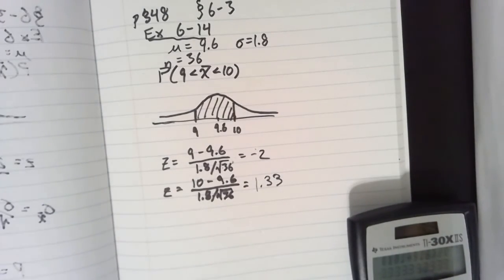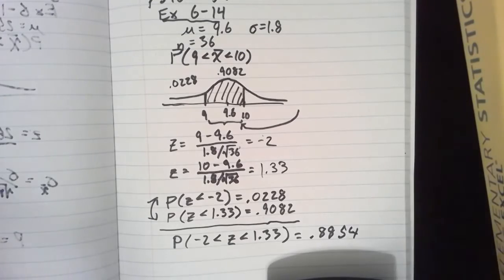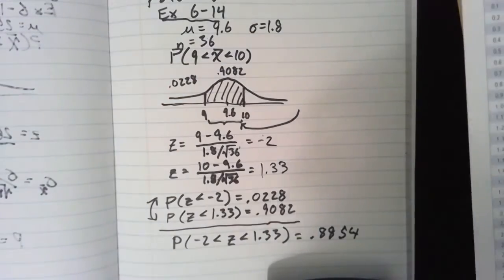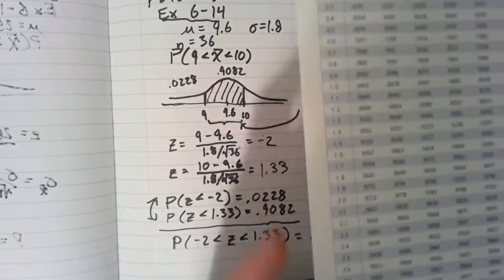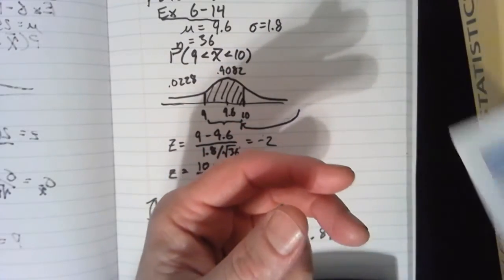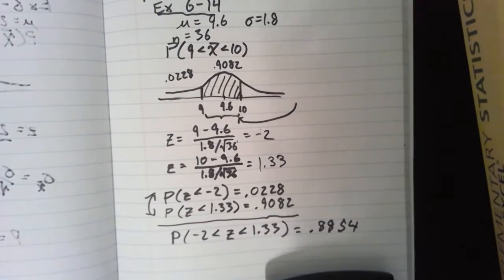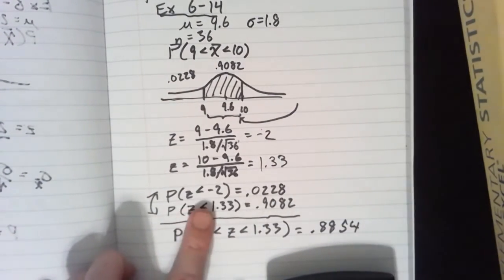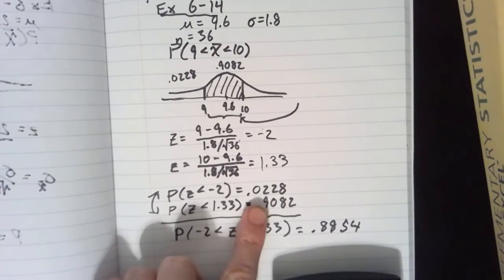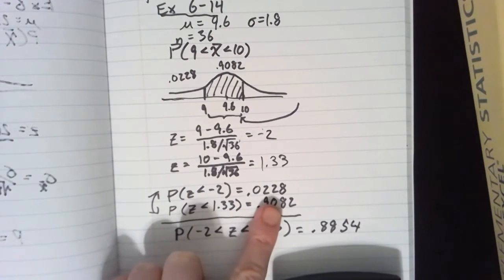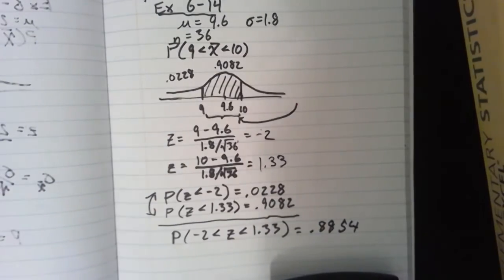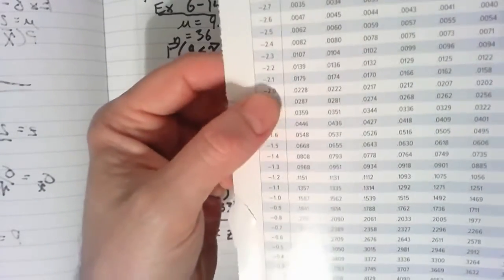Now what do we do? Well, we have to find the area corresponding with our picture here. All right, so let's do that. I was considering pausing and showing you a screenshot of each of the z values that I looked up, but instead I just magically wrote them down. So here I have the probability that z is less than -2, and that is 0.0228. Basically that's just looking up right here, plugging in -2.